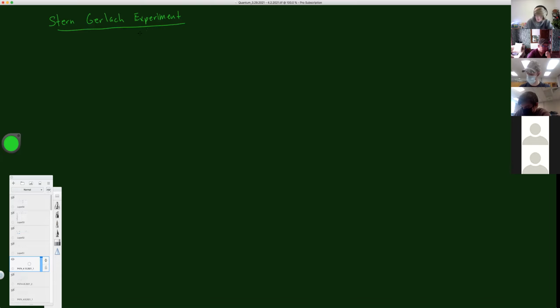And the setup is we have a little oven here that's going to be making silver atoms. So you're sort of releasing silver atoms, and you get this little beam of silver atoms.